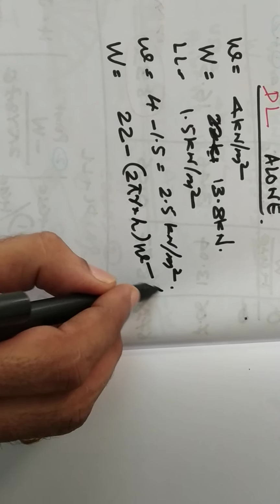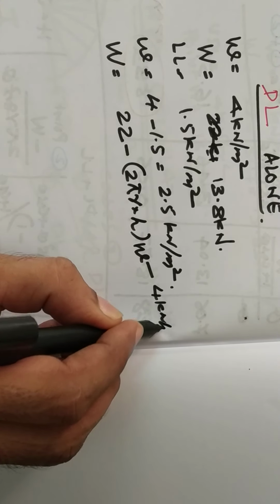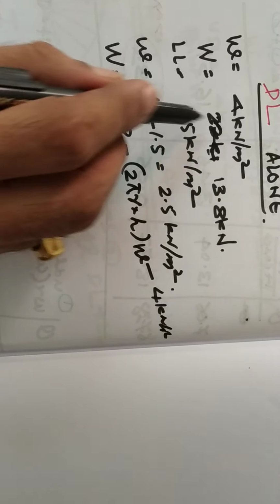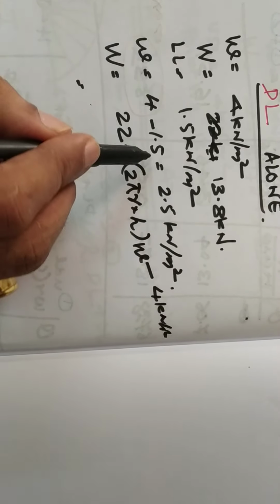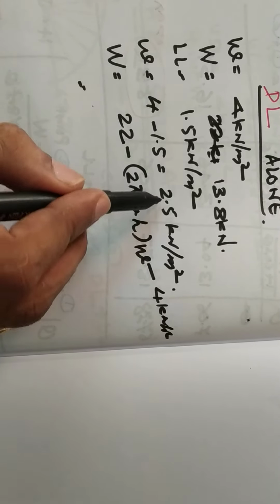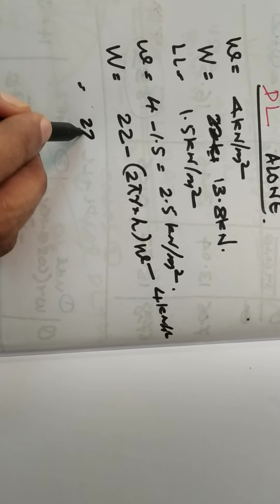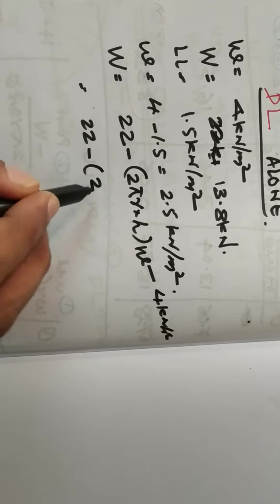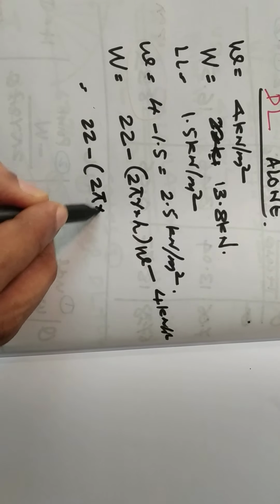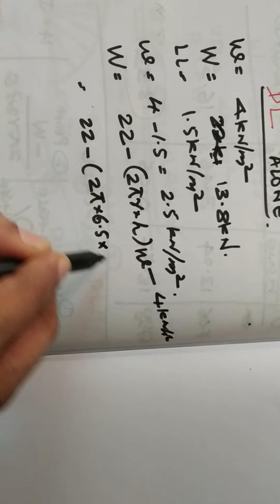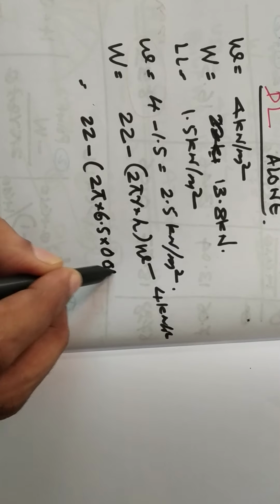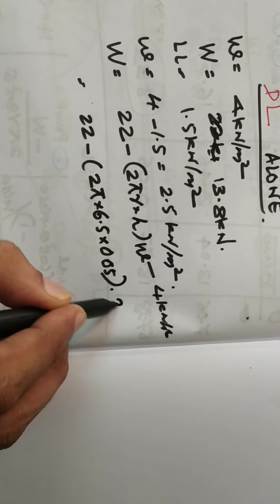Same way, that case we took w as 4 kilonewton per meter square. So instead of 4 we should take 2.5. So this will be 22 minus 2 pi into 6.5 into H is 0.05 into 2.5.